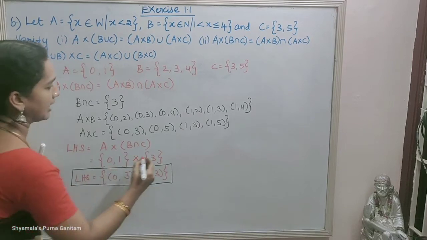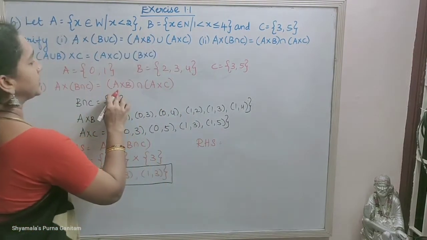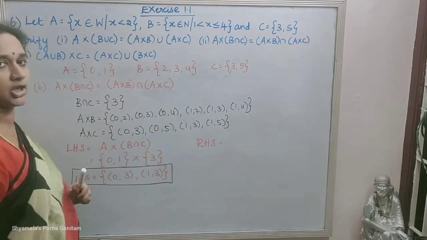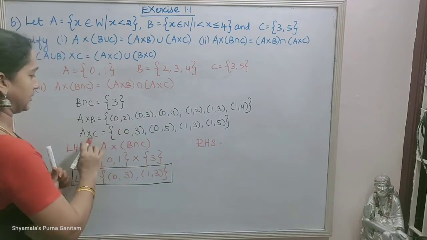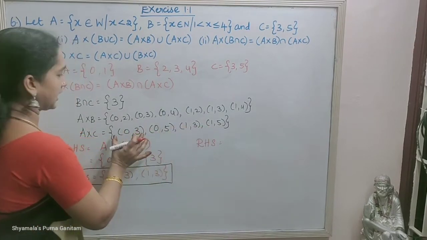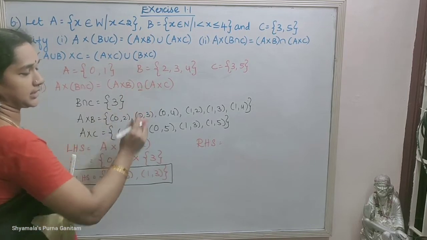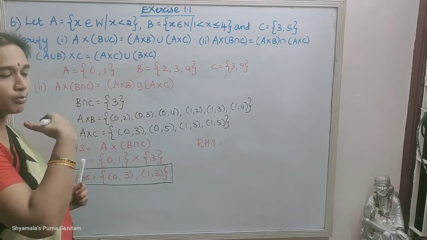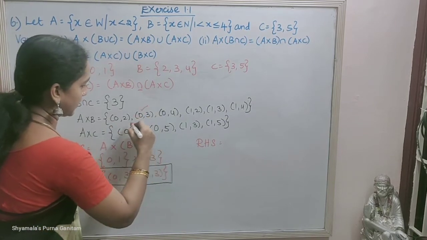Now we will find RHS. So RHS is equal to (A cross B) intersection (A cross C). So A cross B, we are having these many elements. A cross C, we are having these many elements. In this intersection, we have to find what is common to both. So (0, 2) is not in A cross C, but (0, 3) is there.